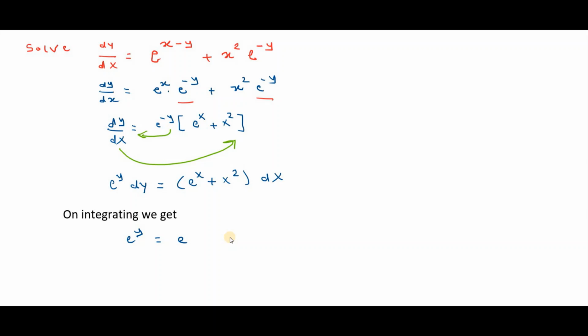E raised to x integration is e raised to x plus, what is integration of x square? Integration of x square is x cube divided by 3 plus we can take integrating constant c. So this is the required general solution.